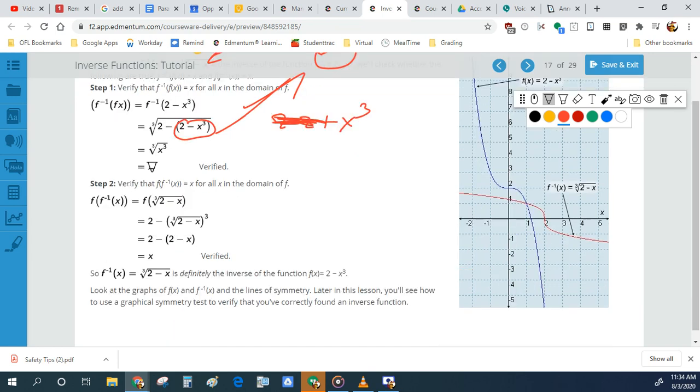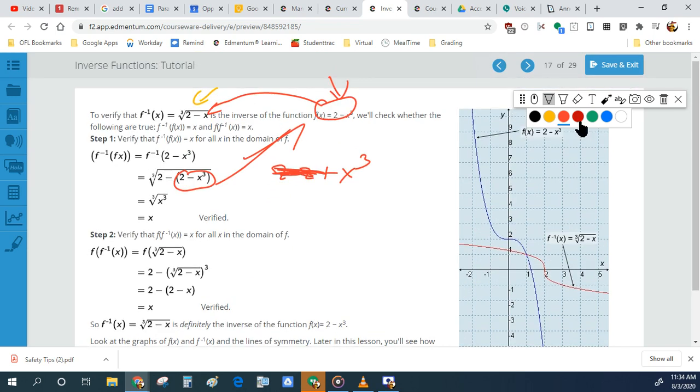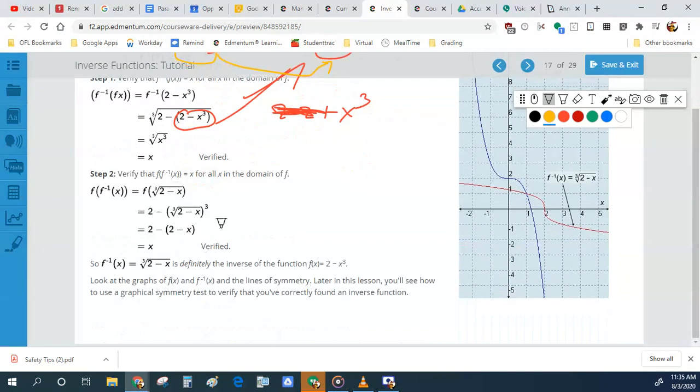Another step in verifying it is now we want to put the inverse into the other one. So we're going to put what I'm going to put in yellow into the x of this one. If we do that, it's going to be 2 minus cubic. This one's actually really easy because the cube cancels out with the cube.